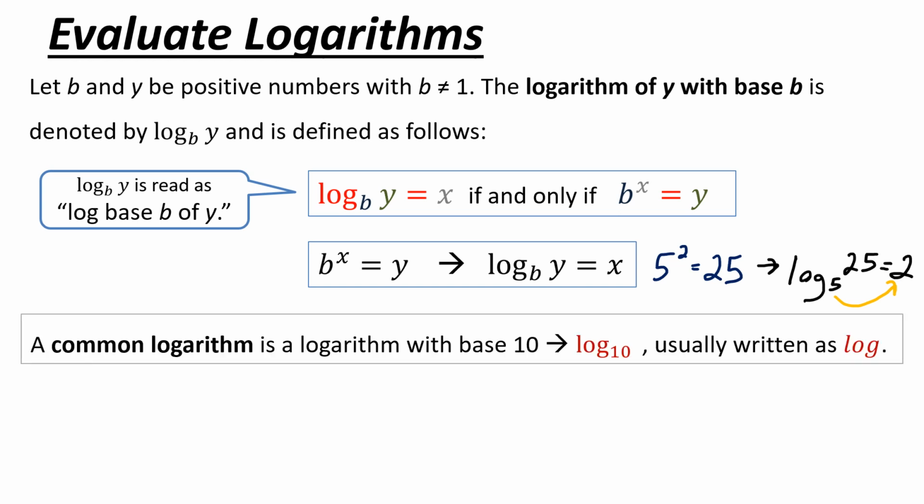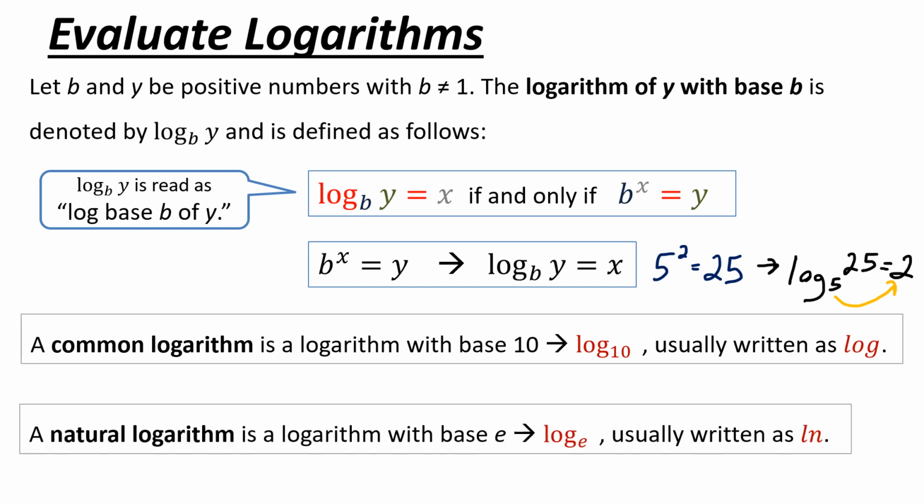A common logarithm is a log with base 10. Usually you're not going to see written log base 10. You're just going to see the word log, and you need to know that means log base 10. And then there's also a natural logarithm, which is a logarithm with base e. And again, you're usually not going to see something written as log base e.